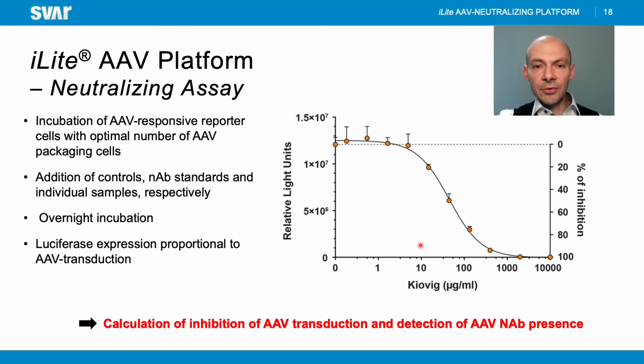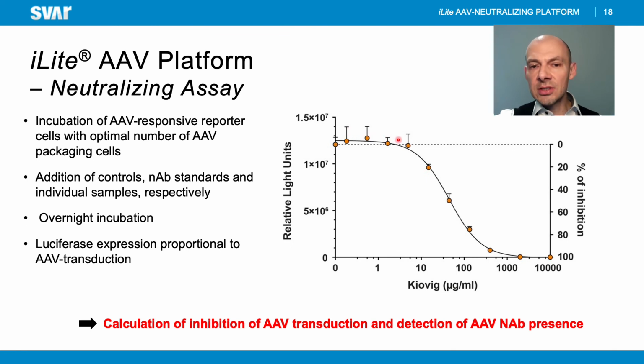In the graph on the right-hand side, you can see the concentration of QVIC in microgram per milliliter on the x-axis against the relative light units on the y-axis, and the percent inhibition is indicated as well. You start with a high signal since no AAV neutralization is detected with low concentration of antibodies.